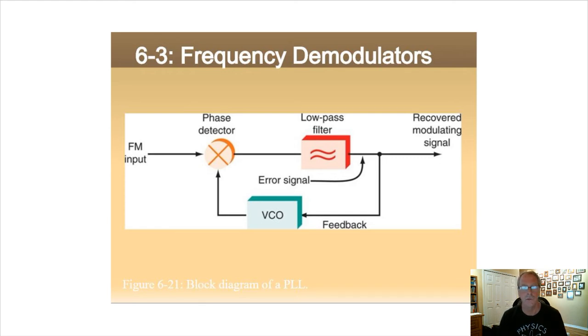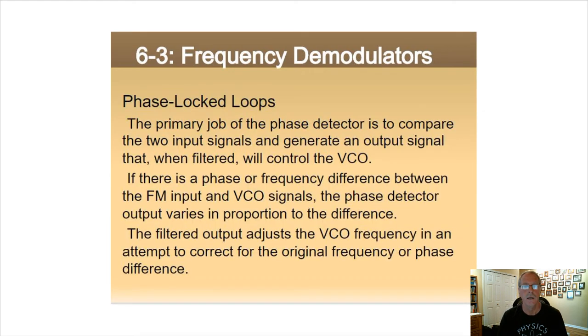Now, see what else we got here. Yeah, so this talks about, in words, what I just talked about. It generates an error signal, compares it based on the two input signals. If they are out of phase, meaning not 90 degrees, it will create an error signal and adjust this VCO frequency in an attempt to correct for the original frequency or phase difference.